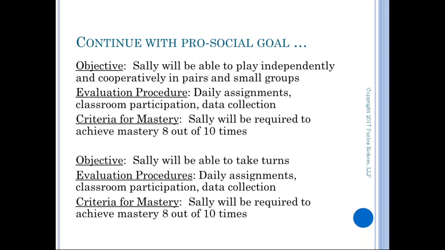And they lay out very clearly what the evaluation procedure is going to be and what the criteria for mastery is. Again, the other objective, Sally will be able to take turns. Again, the evaluation procedures and criteria for mastery are clearly laid out. So the format looks a little different, but it still has all of the components that you want to see in a good goal.